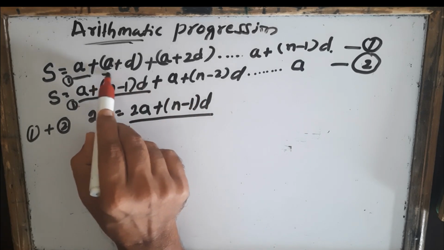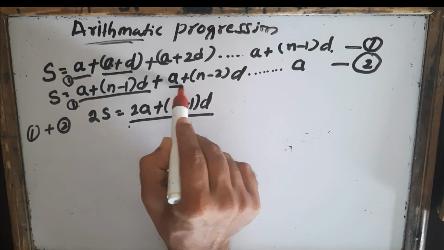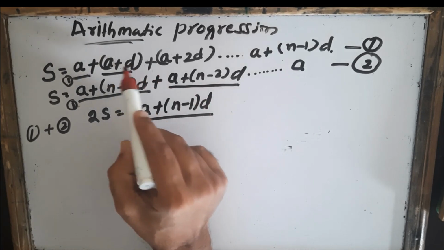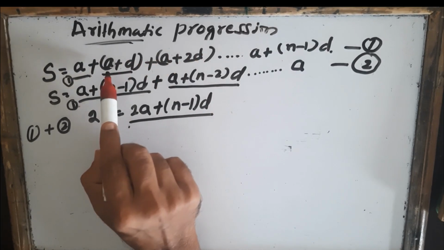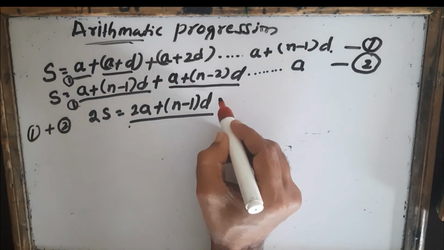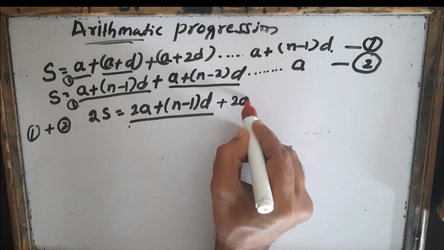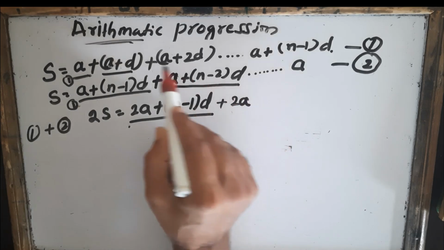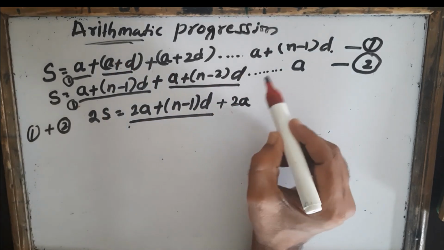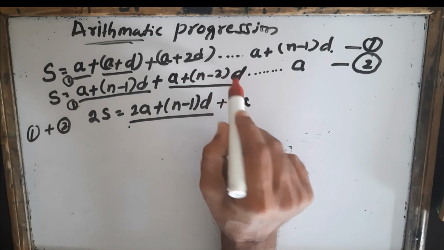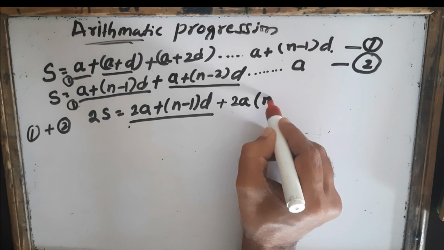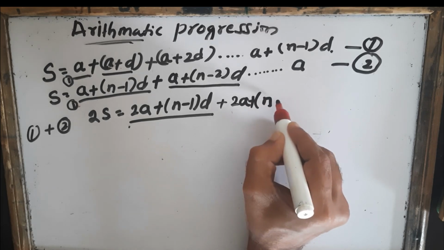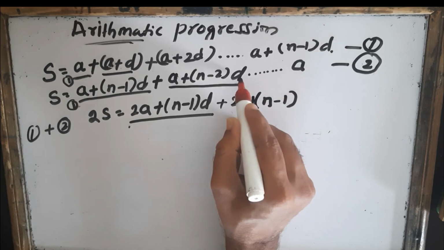Now we add the second element and the second element of this. Now you observe, a plus a, 2a, n minus 2, and here we have 1, n minus 2 plus 1, this again becomes 2a plus (n minus 1) into d.